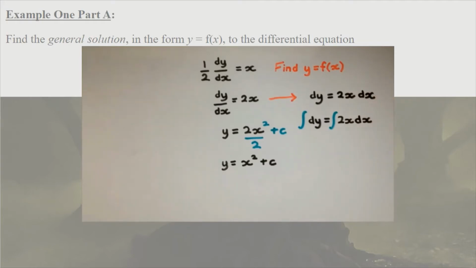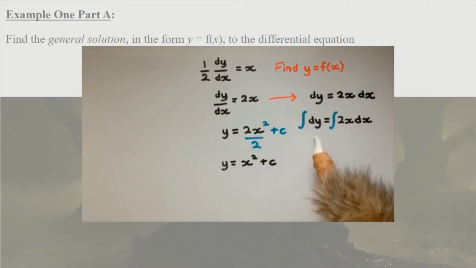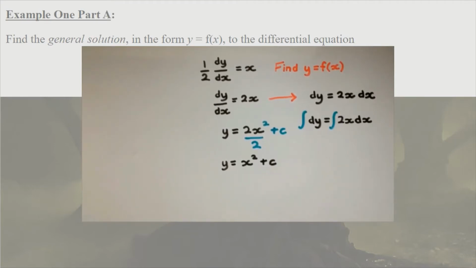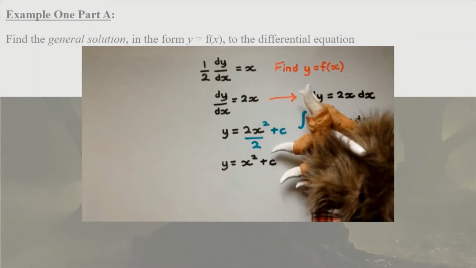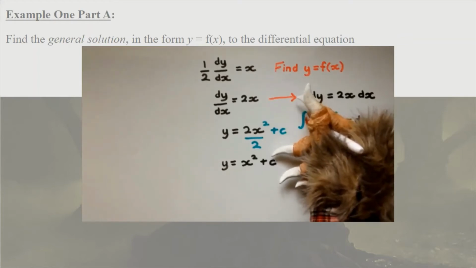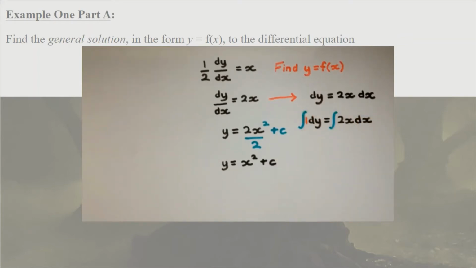Now then, we could look at either side and treat them just as a standard integration question. If I integrate dy, the small change in y, I'm essentially, if you remember, integrating 1 because I've got one lot of dy. But I'm integrating the variable y. I'm not integrating x, I'm integrating with respect to y. So that means if I integrate 1 with respect to y, I'm just going to get y back.